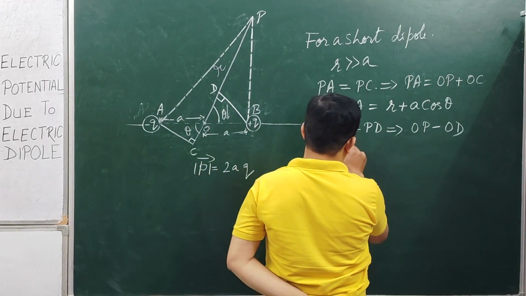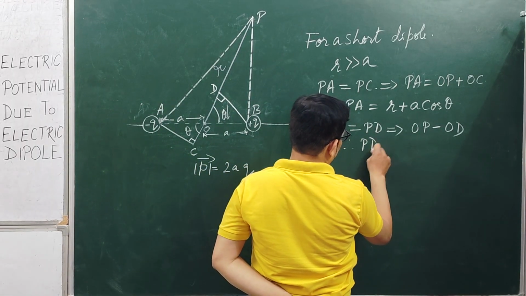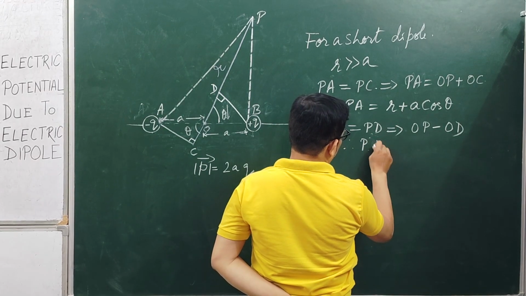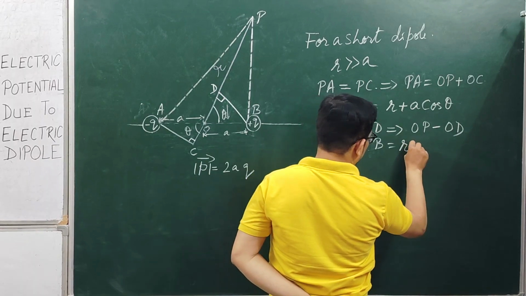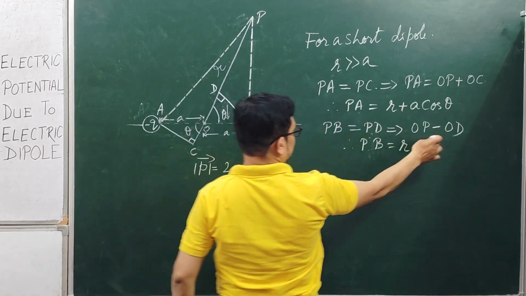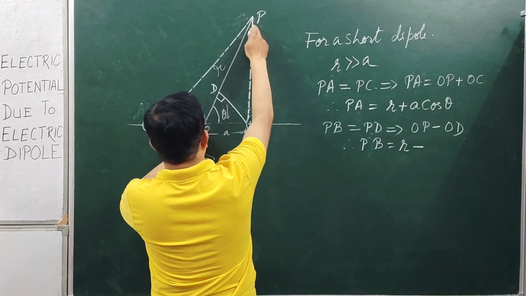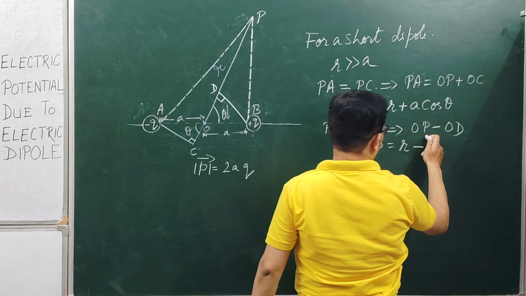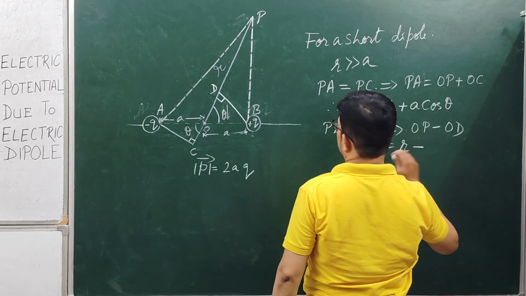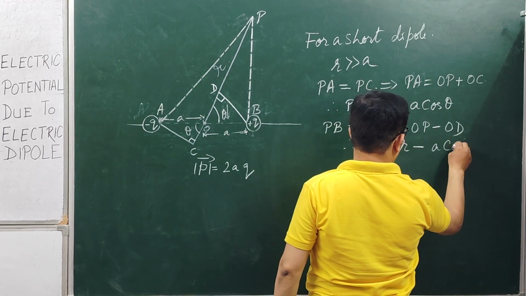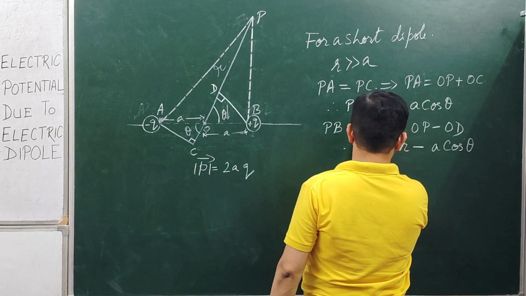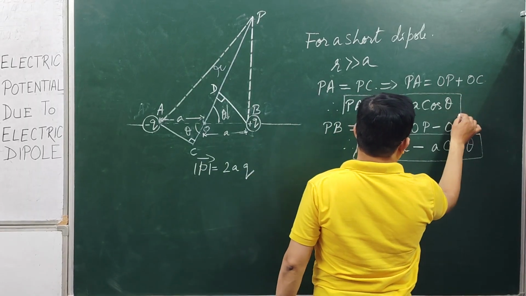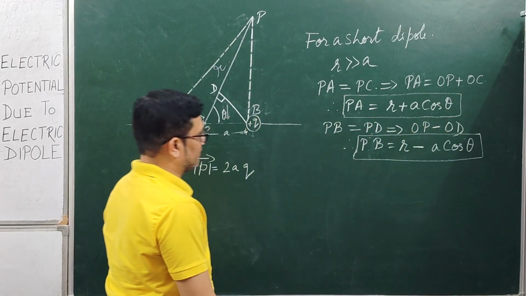Therefore PB should be equal to R minus A cos theta. So these two equations are going to help us in figuring it out.